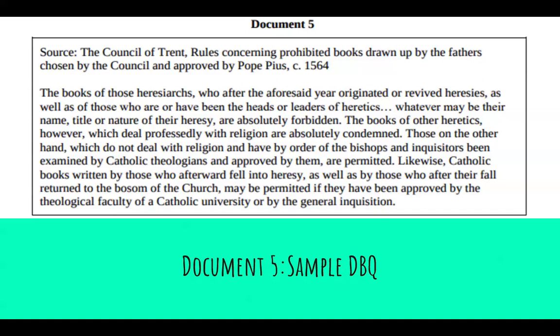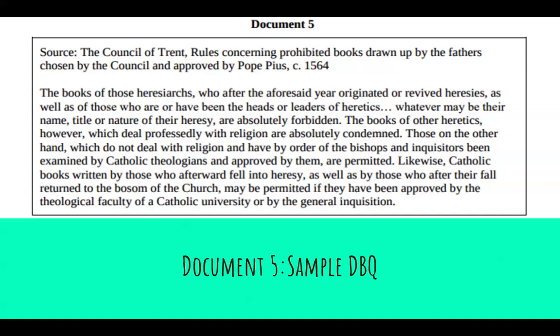Those, on the other hand, which do not deal with religion and have been, by order of the bishops and inquisitors, examined by Catholic theologians and approved by them, are permitted. Likewise, Catholic books written by those who afterward fell into heresy, as well as by those who, after their fall, returned to the bosom of the Church, may be permitted if they have been approved by the theological faculty of a Catholic university or by the General Inquisition.